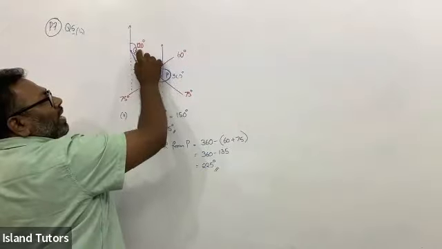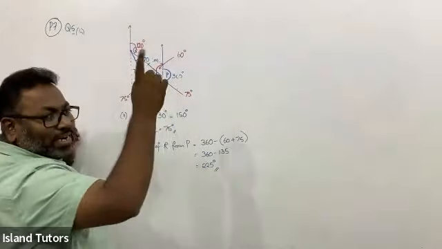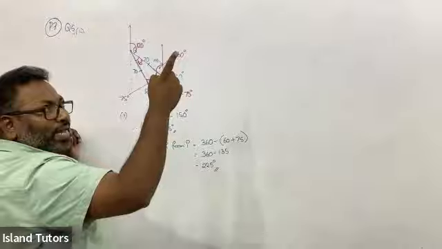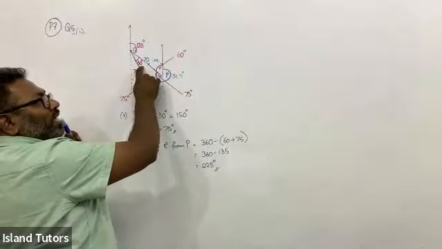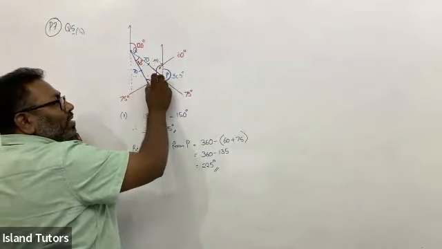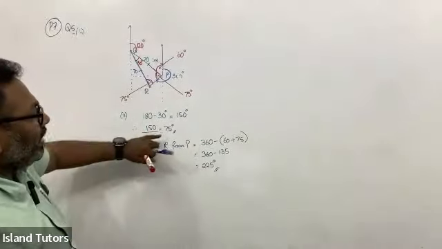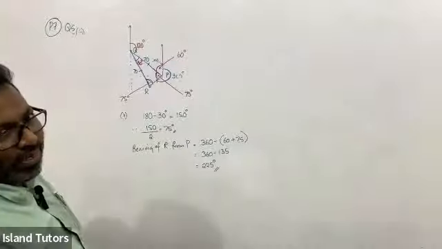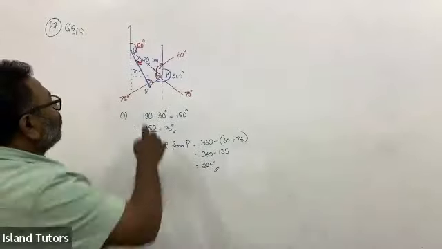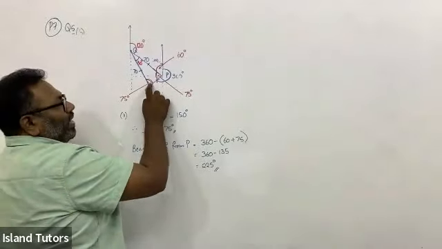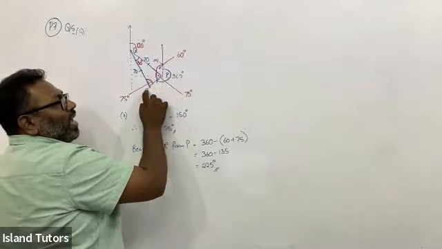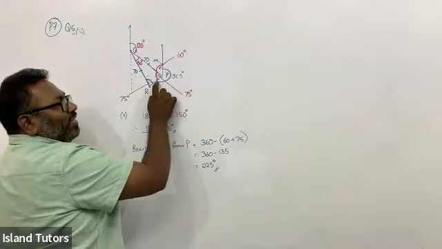The difference, 120 plus 30, only made that 150 bearing. So the difference was 30. If this is 30, these two will add up to 150 and each of them is 75 degrees. Right? So this is 75, this is 75. Now they're asking what is R from P. We have to find this angle.